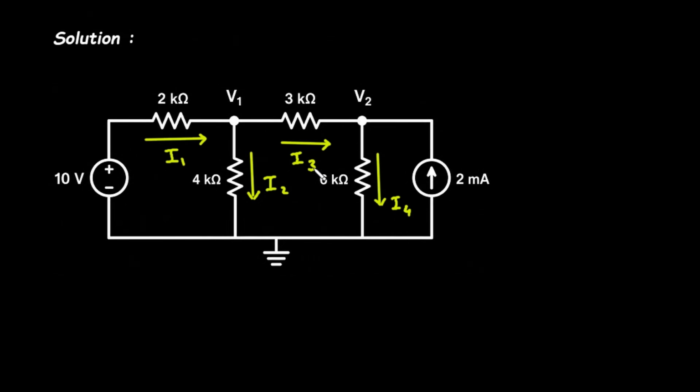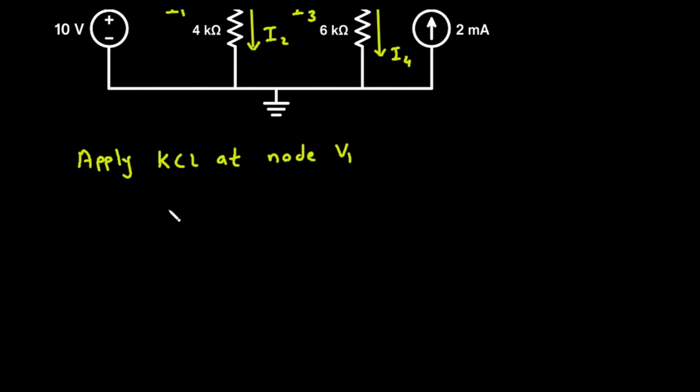Now next, here at this node V1, we will apply KCL. So step number 1 is to apply KCL at node V1. Now according to KCL, that is Kirchhoff's current law, summation of all the currents entering a node is equal to summation of all the currents leaving the node.